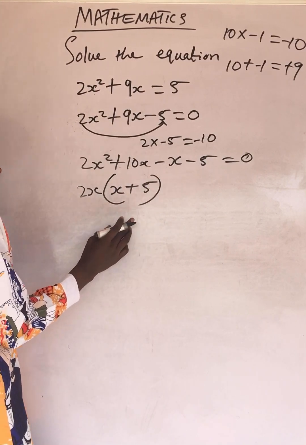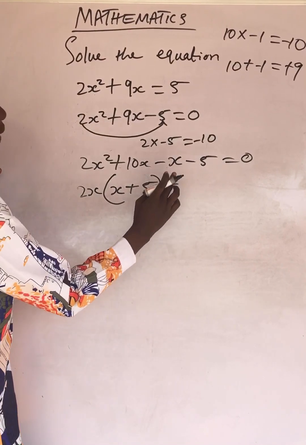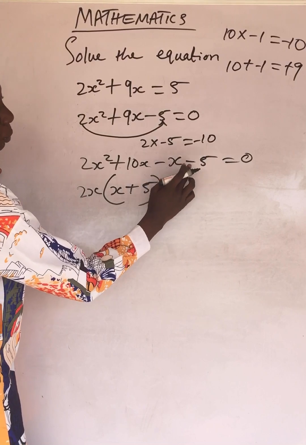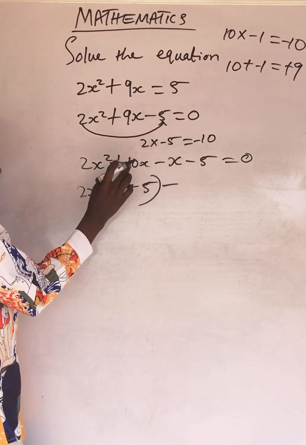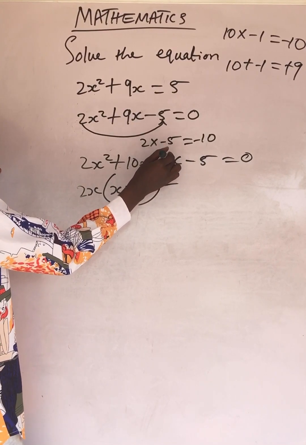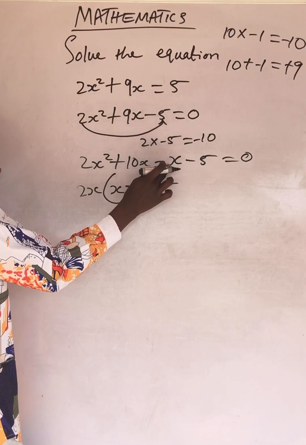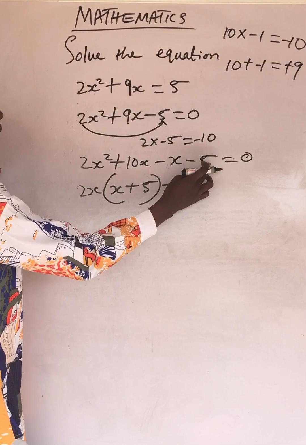What is our minus sign here? Minus. All right, now if you check this place now, you know that the coefficient of this s is 1. I purposely decided to remove it. I can also put it back. The coefficient of this s here is 1, and 1 can also go into 5.